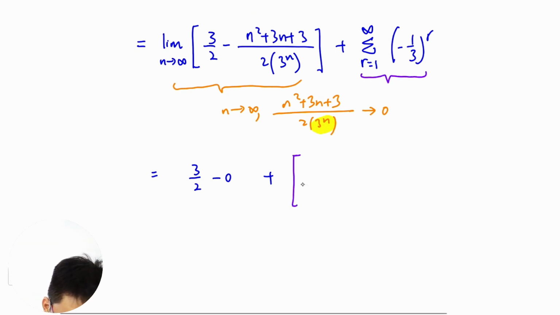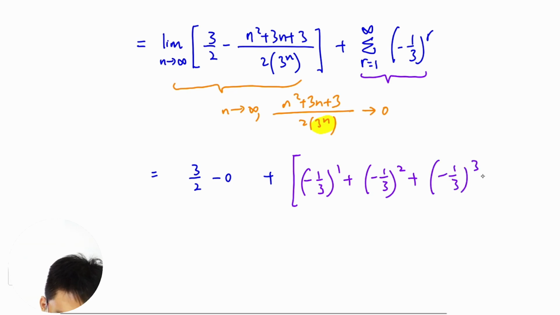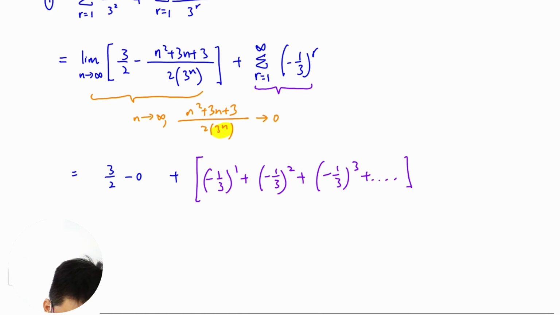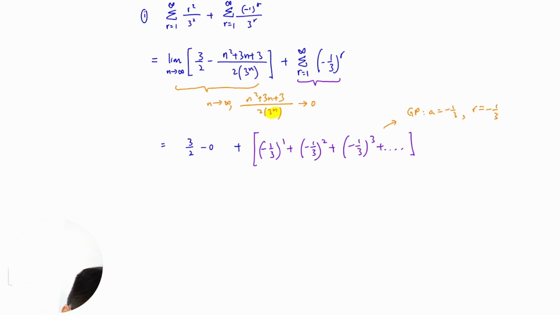So this is just minus half, 1 plus minus third squared, all the way to the end of the world here. Okay, so this is just sum to infinity. This sum to infinity is okay, right? GP. First term is negative third. R is negative 1/3. So just use the sum to infinity formula.